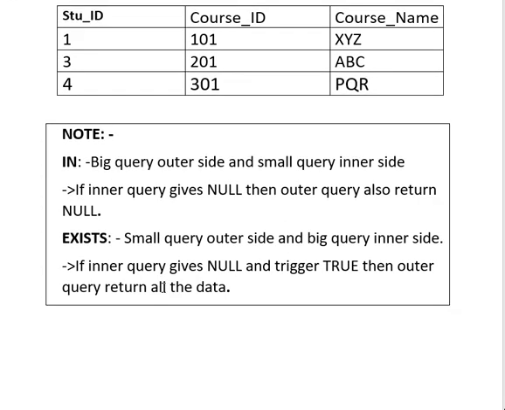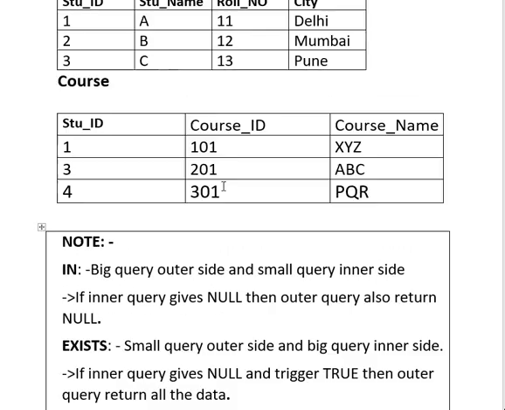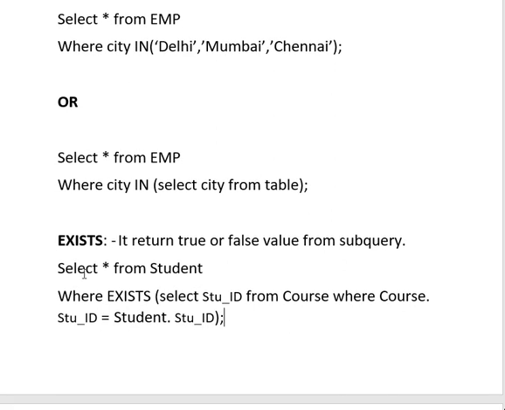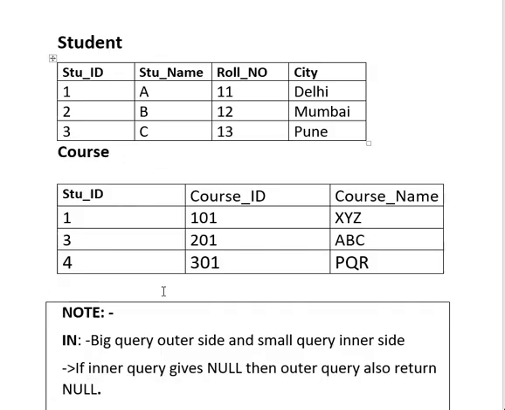And there are some things to keep in mind for IN and EXISTS. In IN, we have a small inner query and a big outer query, but in EXISTS we have a big inner query and a small outer query.